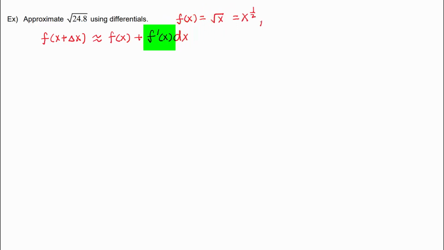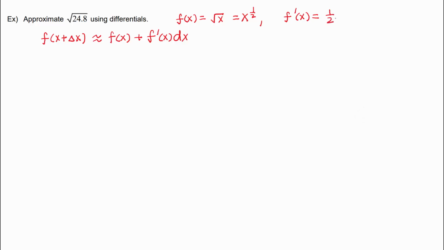First of all, you have to identify what your function is. Because you have a square root, your original function will be square root of x, which is x to the 1/2 power. And from the formula, you're going to need f prime of x. So find out what f prime of x is.